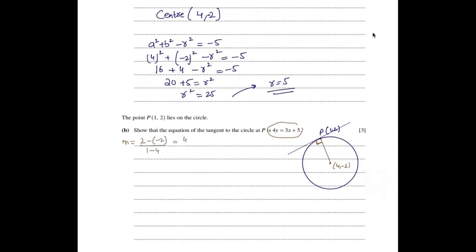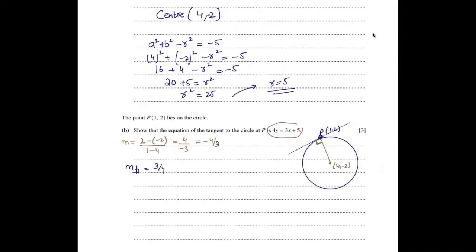So that's going to be negative 4 upon 3. If the gradient of the radius is negative 4 upon 3, what can you say about the gradient of the tangent line? The tangent is perpendicular to the radius, so it will be 3/4. Yeah, it's going to be 3 upon 4.